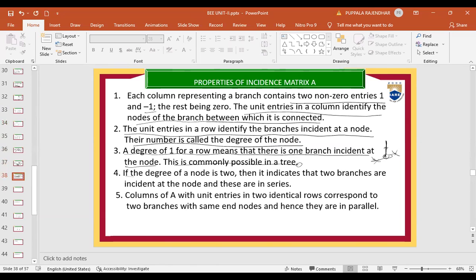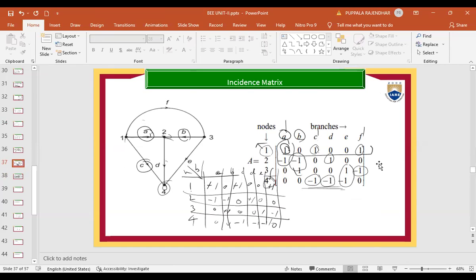If the degree of node is 2, then it indicates that 2 branches are incident at the node. These are in series and these are in series. ఇక్కడ తీసుకోండి, ఇక్కడ ఈ సర్క్యూట్ లో ఉందా డిగ్రీ ఆఫ్ ఎనీ నోడ్ ఇస్ 2? Do we have? No, sir. No, very good.